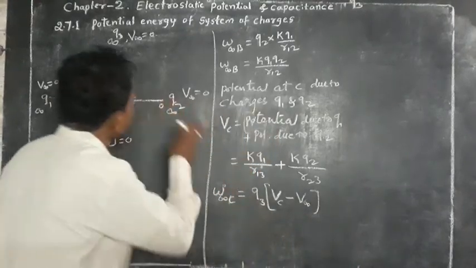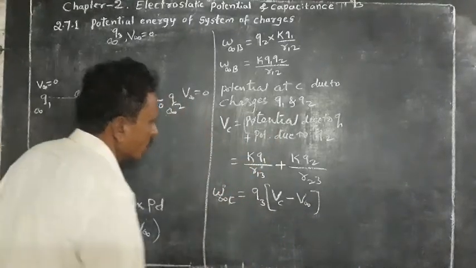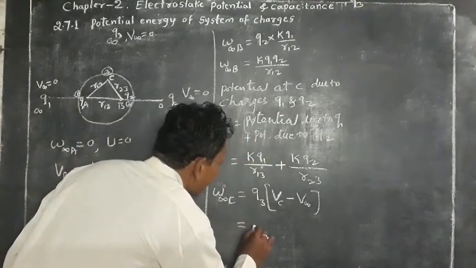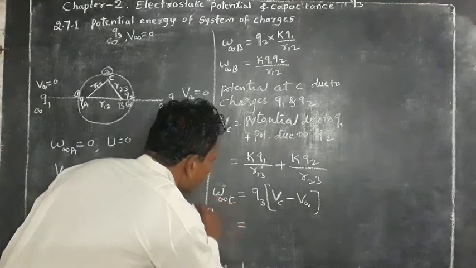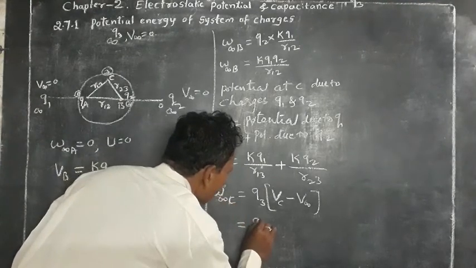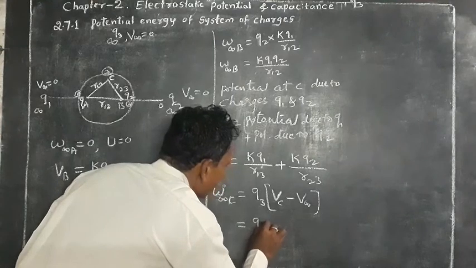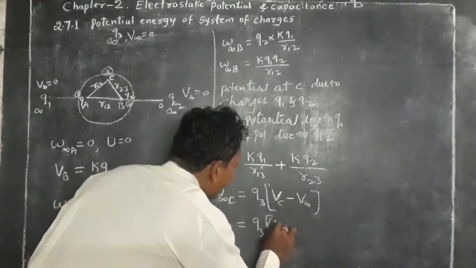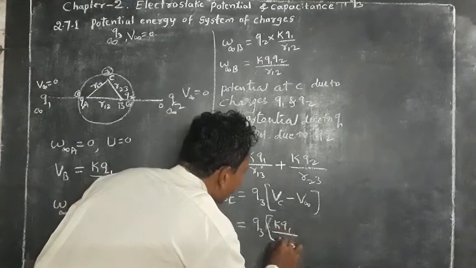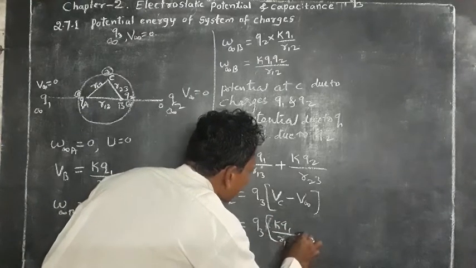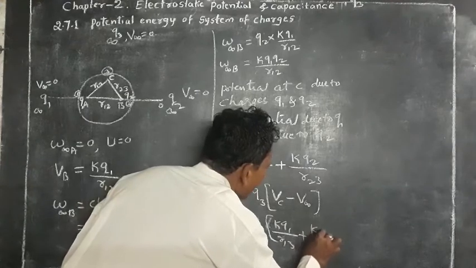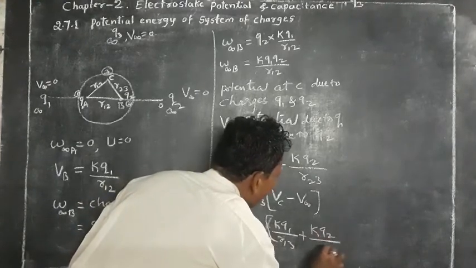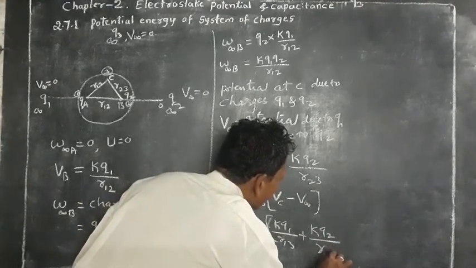But V infinity is equal to 0. Hence, W from infinity to C is Q3 into Vc, equal to KQ1 upon R13 plus KQ2 upon R23.